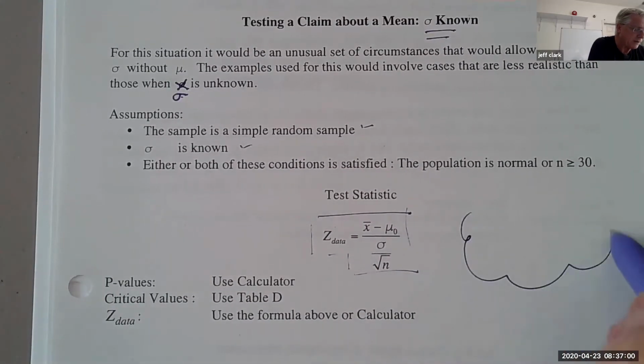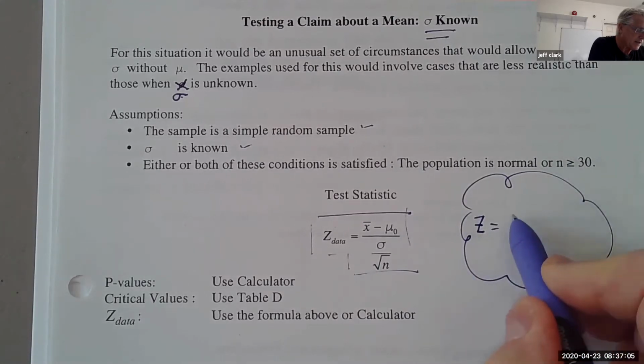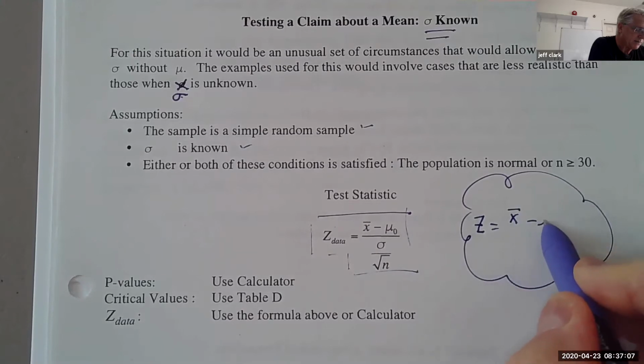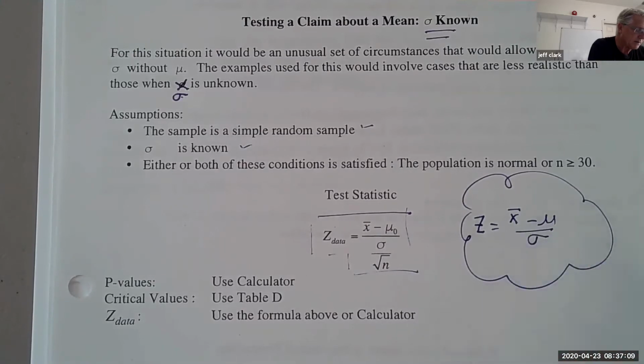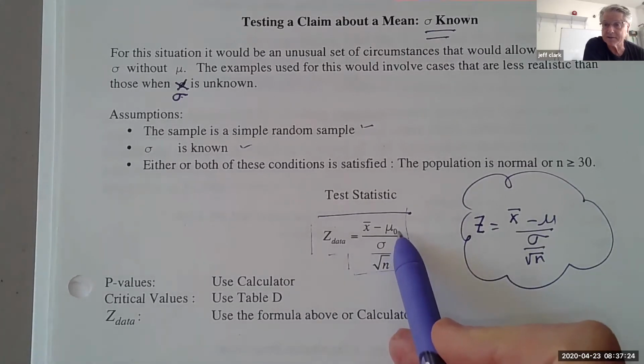It would have looked something like, very simple, z is equal to x bar minus mu all over sigma, and even sigma divided by the square root of n when the sample size was more than 1. This symbol, mu sub naught, is your given average that you'll see in the word problems.